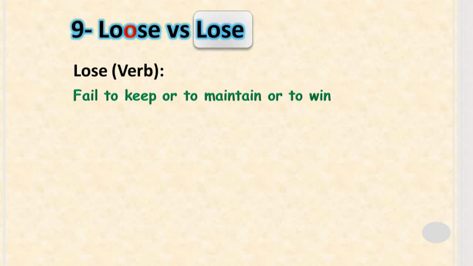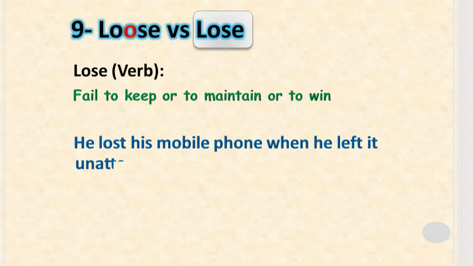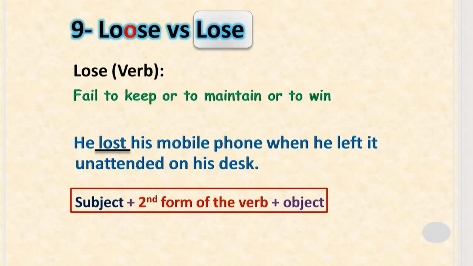We use this word if we fail to keep or to maintain or to win. He lost his mobile phone when he left it unattended on his desk. Lost, it's a second form, past form. Subject, second form of the verb and object, past indefinite tense.